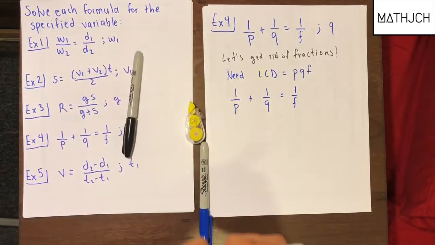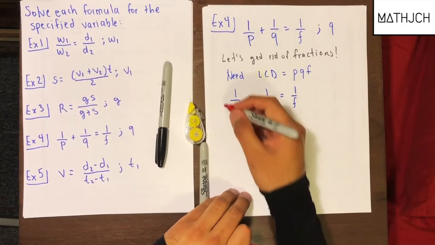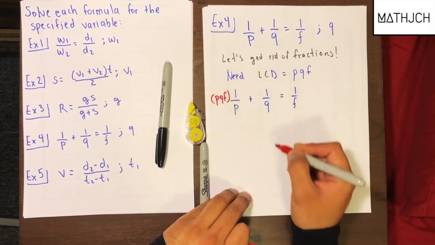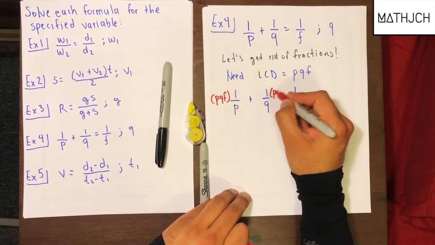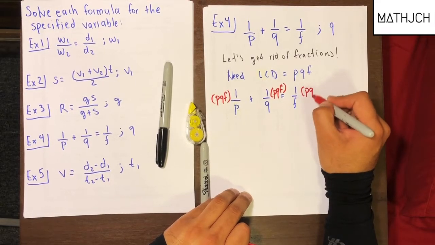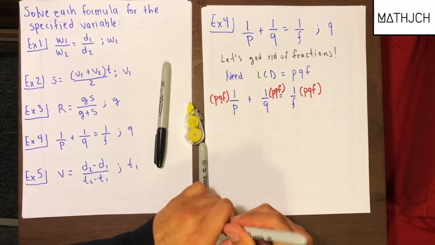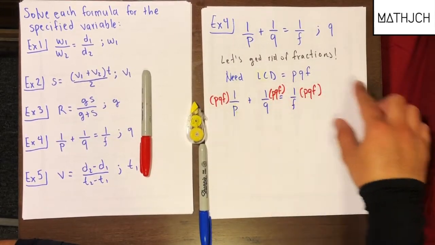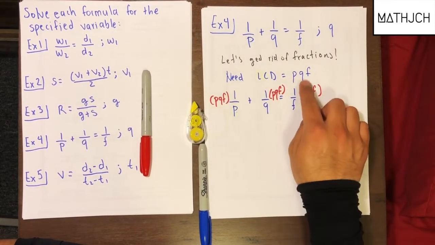That means that we're going to multiply this fraction by PQF, this fraction by PQF, and this fraction by PQF. You have to multiply every single term in the whole equation by the LCD.